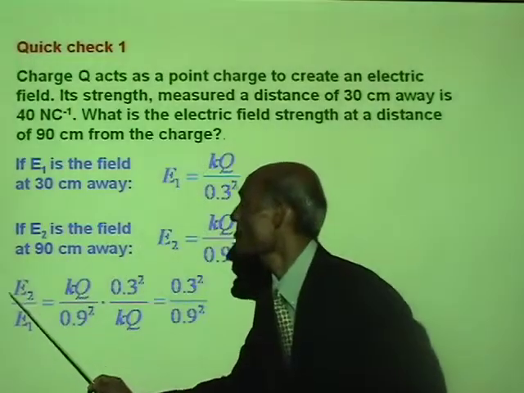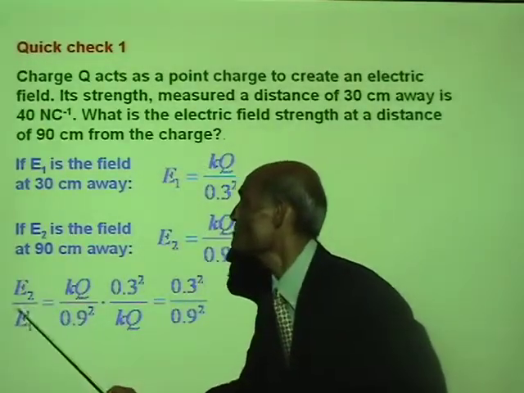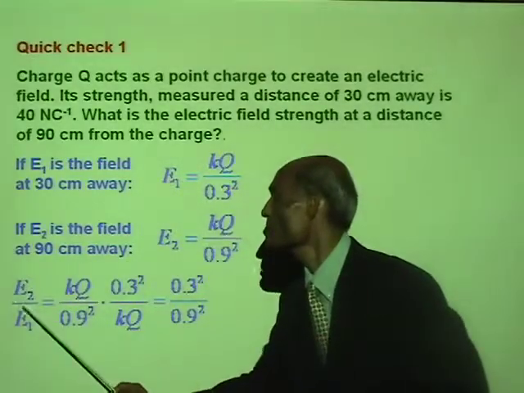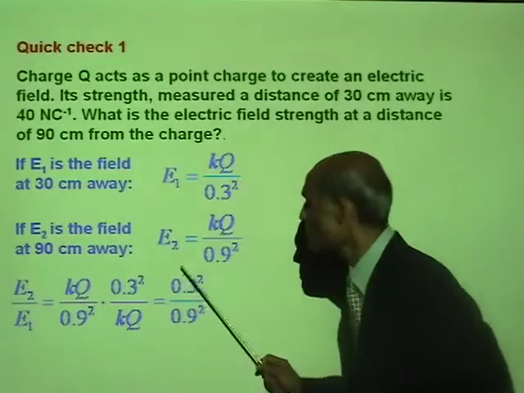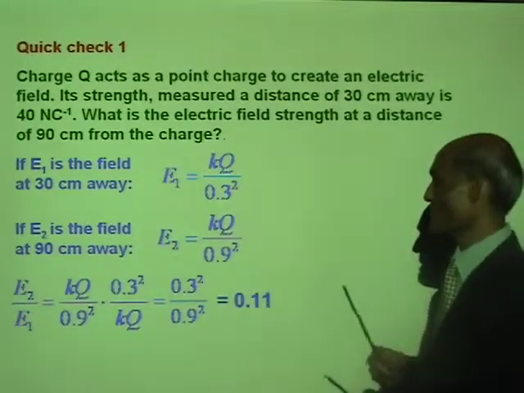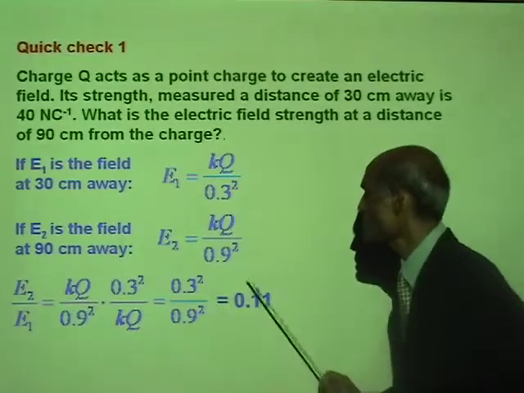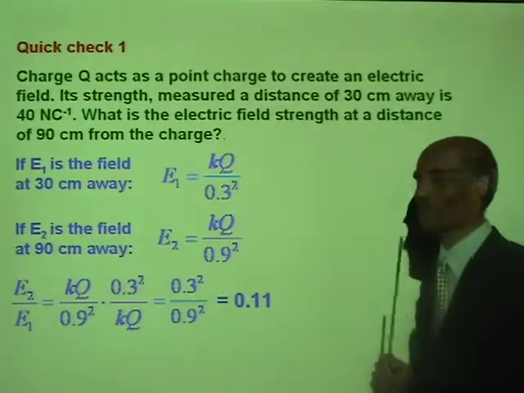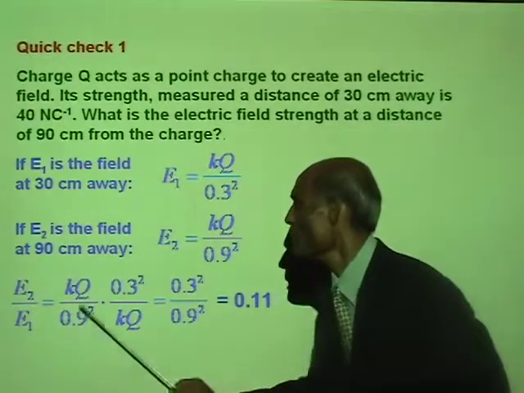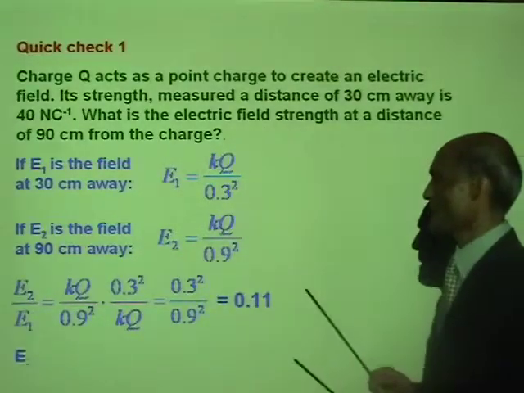And we want to find E2. We know E1. So I can say E2 equals E1 multiplied by this quantity. You can find the value of that quantity. The value of this quantity is 0.11. And therefore E2 equals E1 multiplied by 0.11.